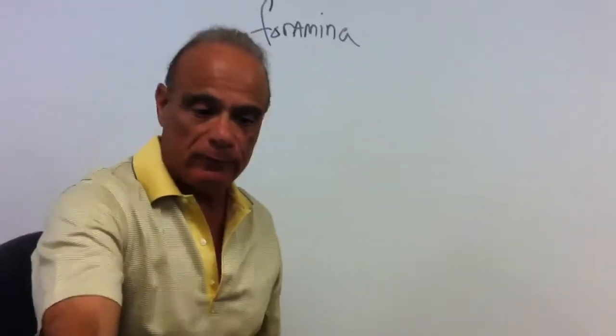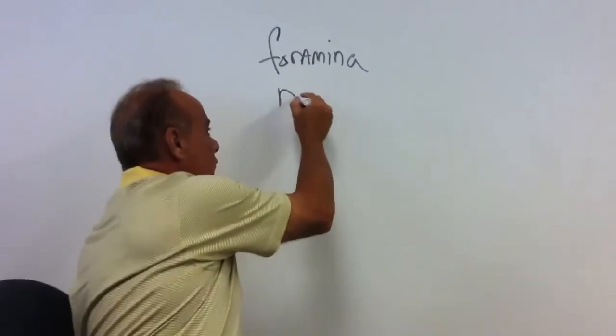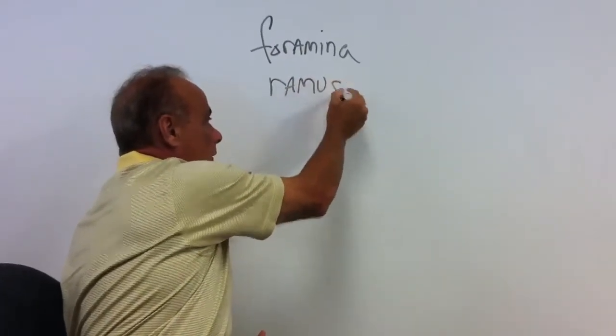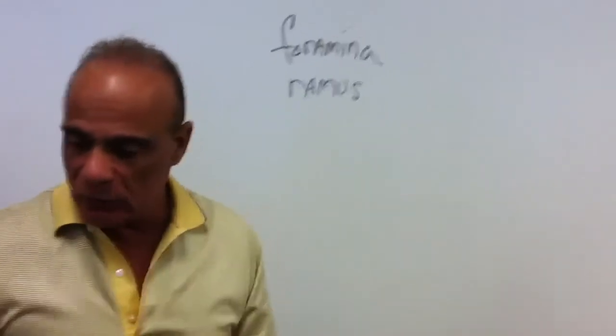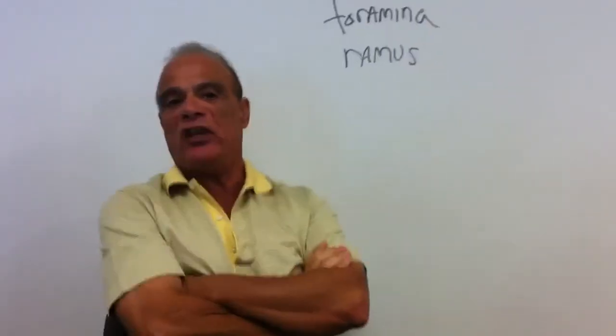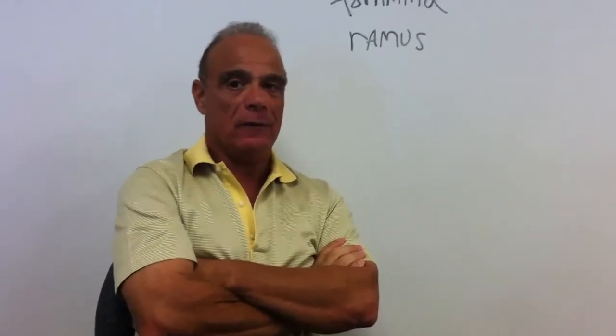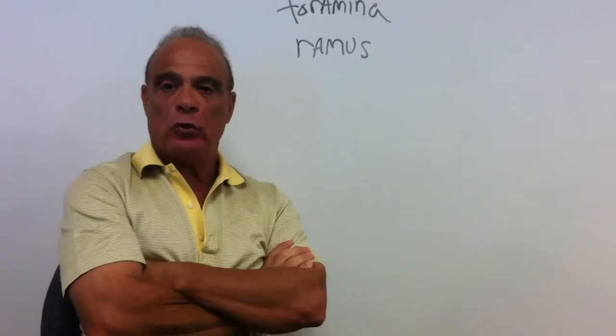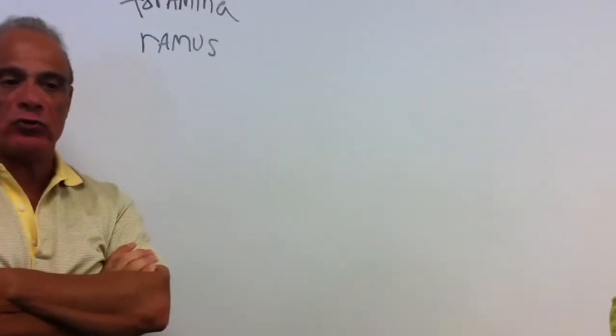Right? Plural. Next is the word ramus, a ramus. I don't like their definition in the book, so I will tell you a better definition. A better definition for ramus means a long, straight, narrow stretch of bone. Ramus is a long, straight, narrow stretch of bone.